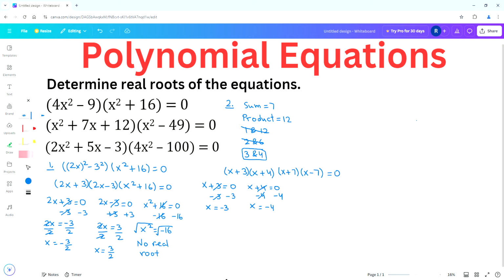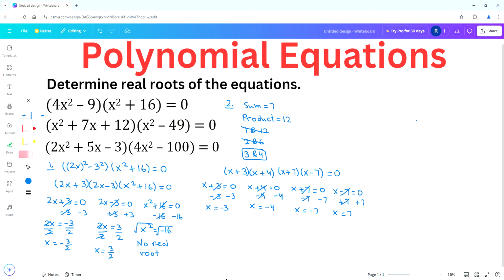Now we can analyze the third factor. The third real root is negative 7. Now we can analyze the fourth factor. The fourth real root is 7. So the second equation has four real roots.